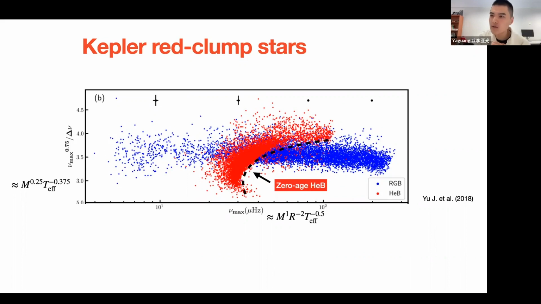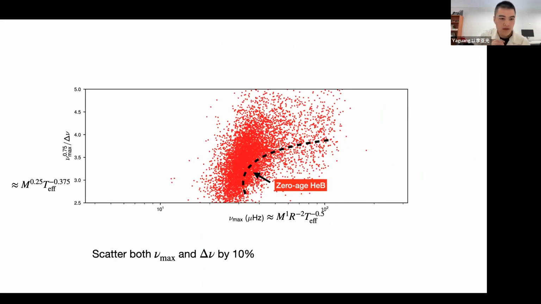Once we look at this interesting pattern, we can ask ourselves, what if the delta nu or the nu max scaling relation doesn't relate to the stellar properties that well? What if there is some intrinsic scatter inside the delta nu and nu max scaling relations? Here's the result.